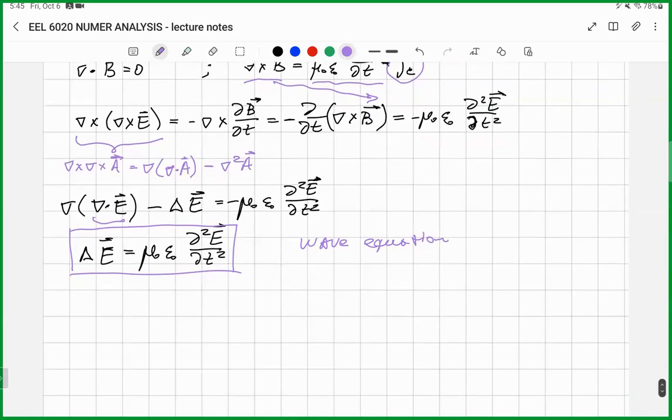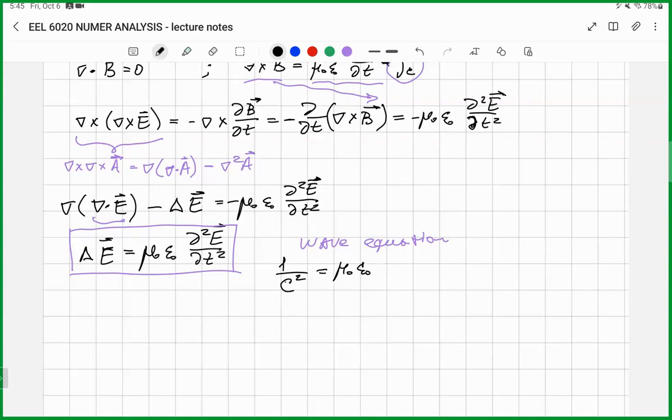Wave equation, if we take an assumption that 1 over the velocity of this wave, this electromagnetic wave, which we usually denote by c, so c squared is equal to 1 over mu 0 epsilon 0.